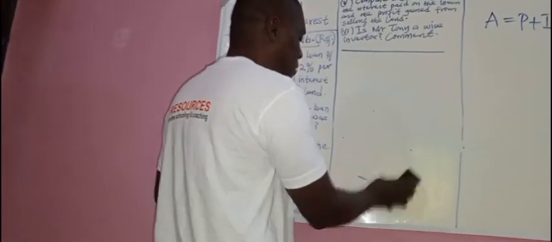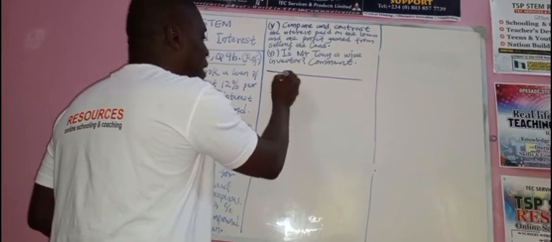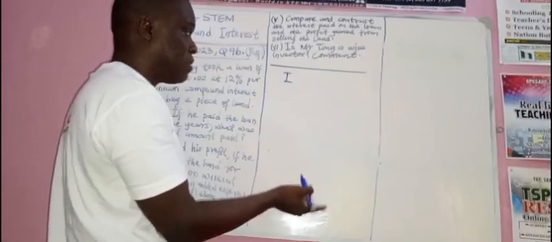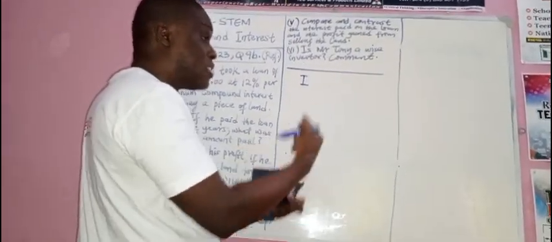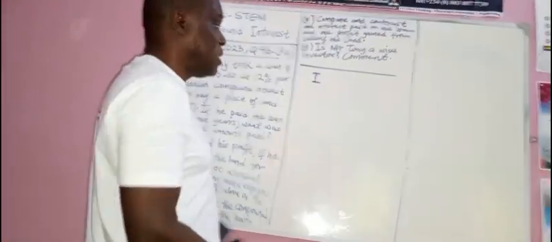Okay. Now, let's look at the fundamental formula that you need to know here. The first formula you need to know is the simple interest, because we deploy the formula for simple interest in compound interest, because you need to begin to calculate the interest on a yearly basis, each one adding it to the principal to get another principal for the succeeding year.